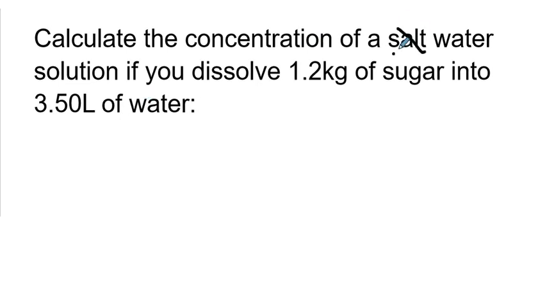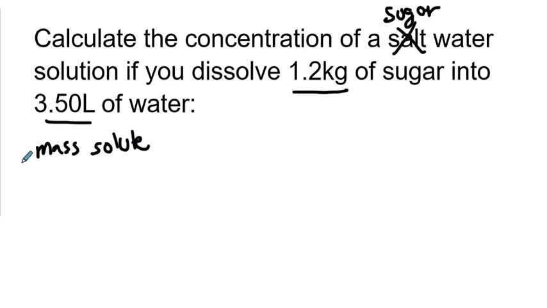Next example. I'm dissolving sugar into water. This time, though, I have a large quantity of sugar. Maybe I'm making a big jug of sugary sports drink for my basketball team, and I'm going to need a lot of sugar and a lot of water. So I have my mass of my solute divided by the volume of my solvent.